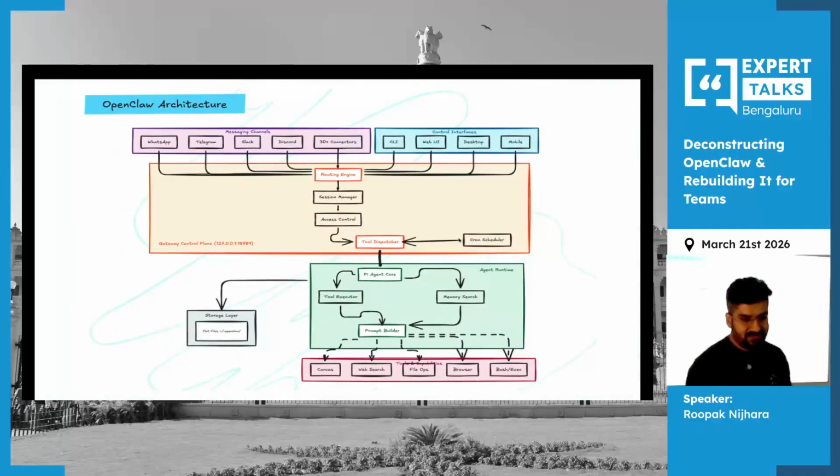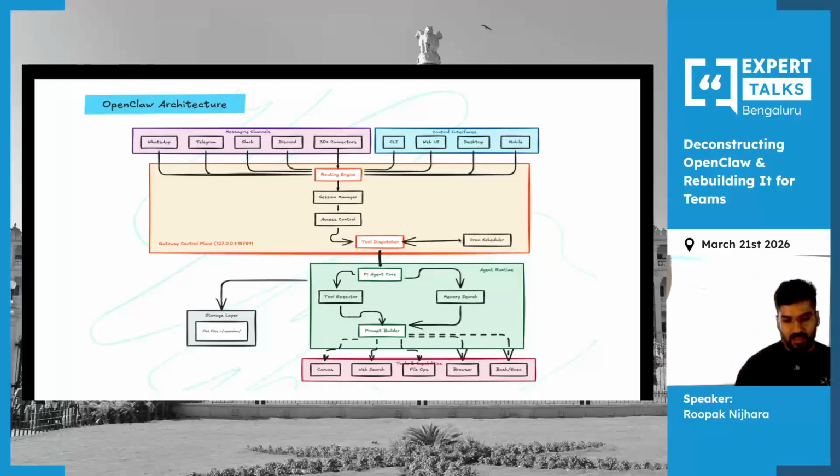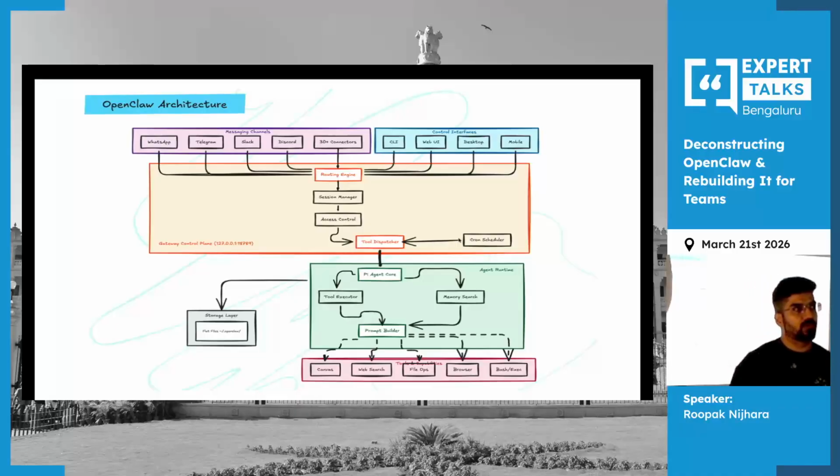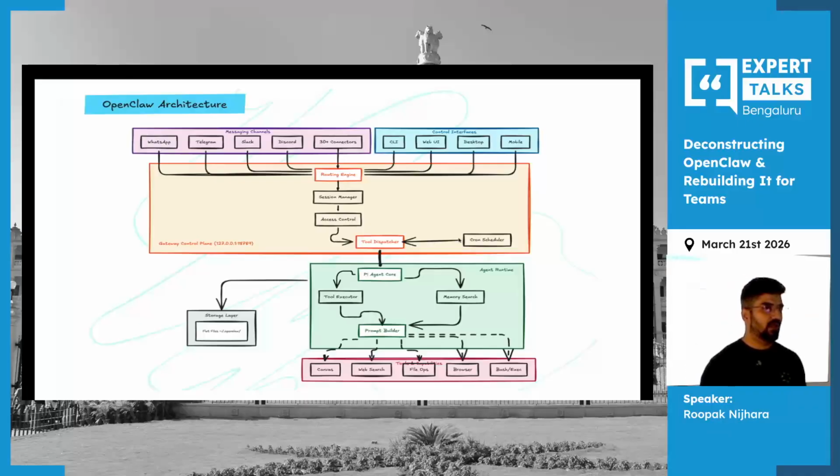Yeah, so this is on a high level the architecture of OpenClaw. I'll just look at the high level blocks and then we'll go through one message flow of how it gets processed. So there are obviously messaging channels. We already touched upon those. There are control interfaces. So what happens is when you install OpenClaw, you will get a script.